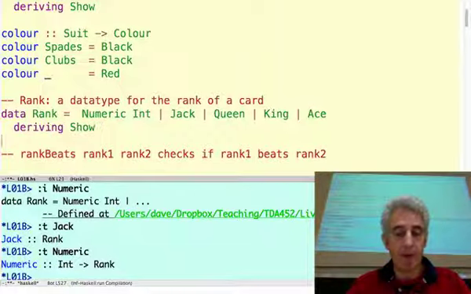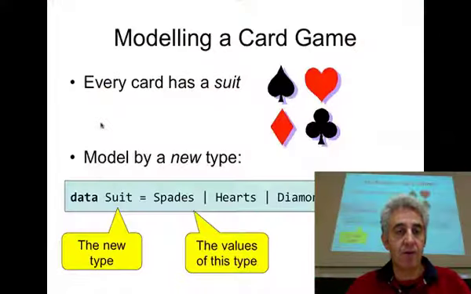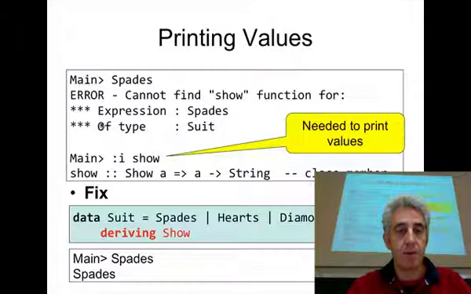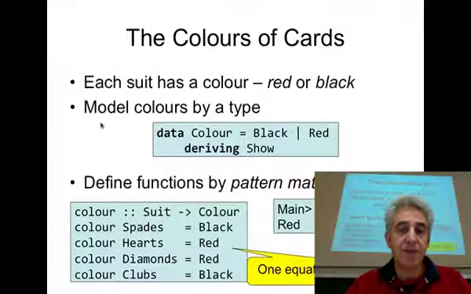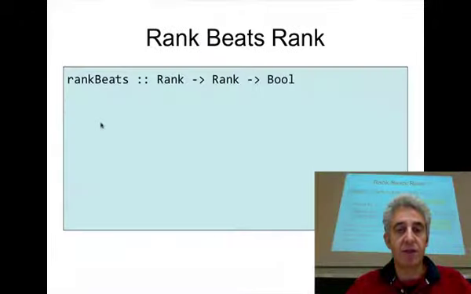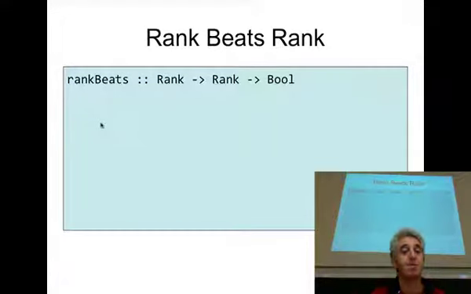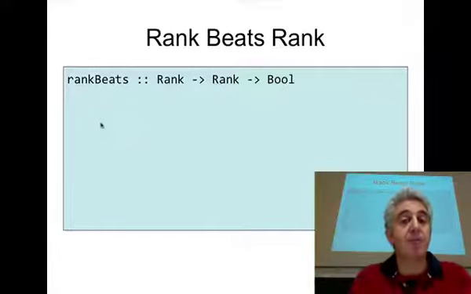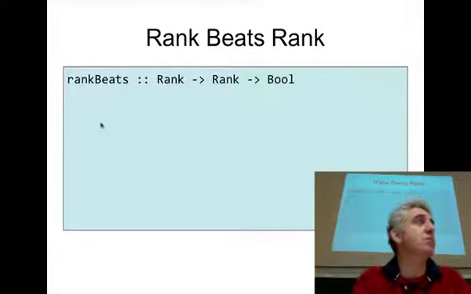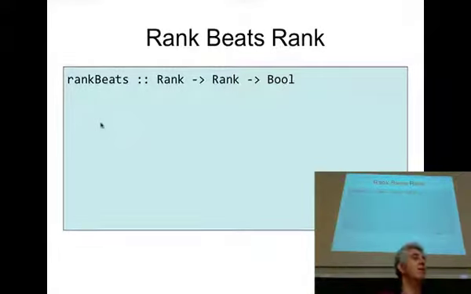Okay, let me pop back to the slides for a minute. The slides basically cover what I've talked about here, so if you want another view on the world, please look at the slides. So here we have a function called rank beats, and it's a function which will determine when one rank, the first rank, is bigger than the second rank.